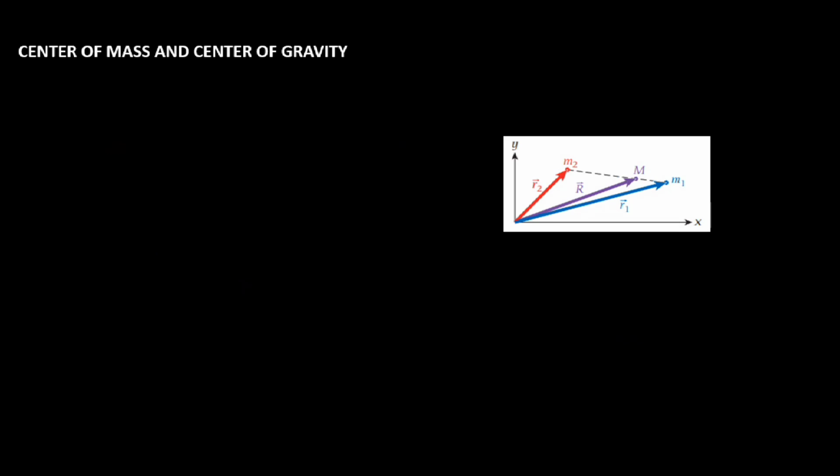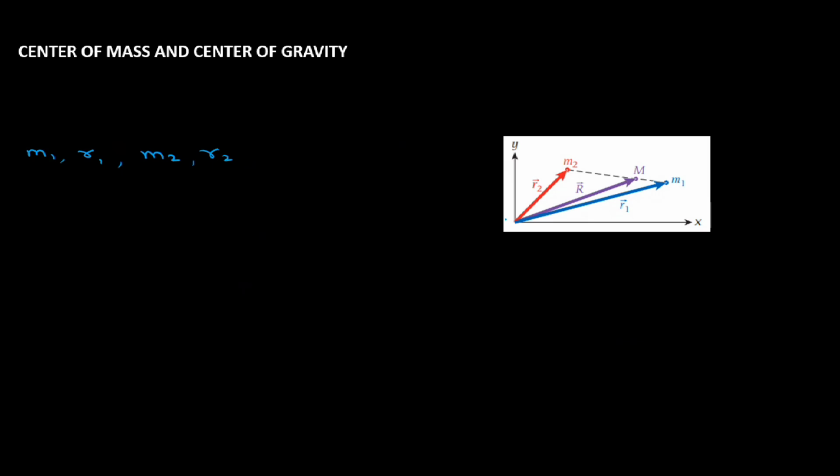Now, how do you calculate the center of mass? Suppose you had two bodies or two objects, object 1 with mass m1, and its position vector from the origin is r1, whereas object 2 has mass m2, and its position vector from the origin is r2.